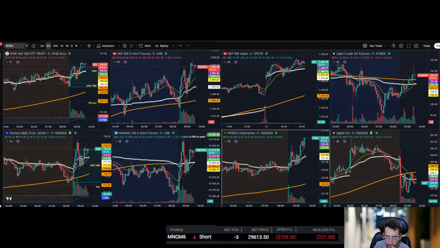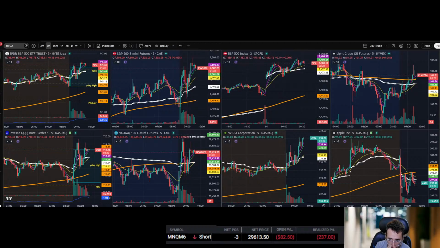You can't trust action like this. Even if it does work, I'm still not happy about it. There's no reason to be taking this trade.